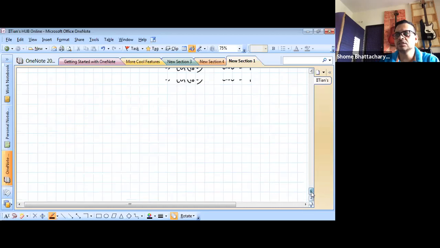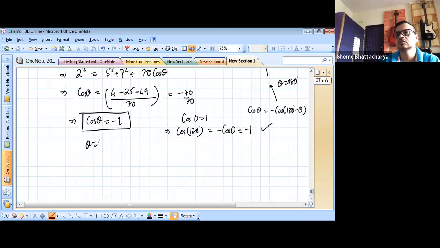So finally, the conclusion here is that theta must be 180 degrees.